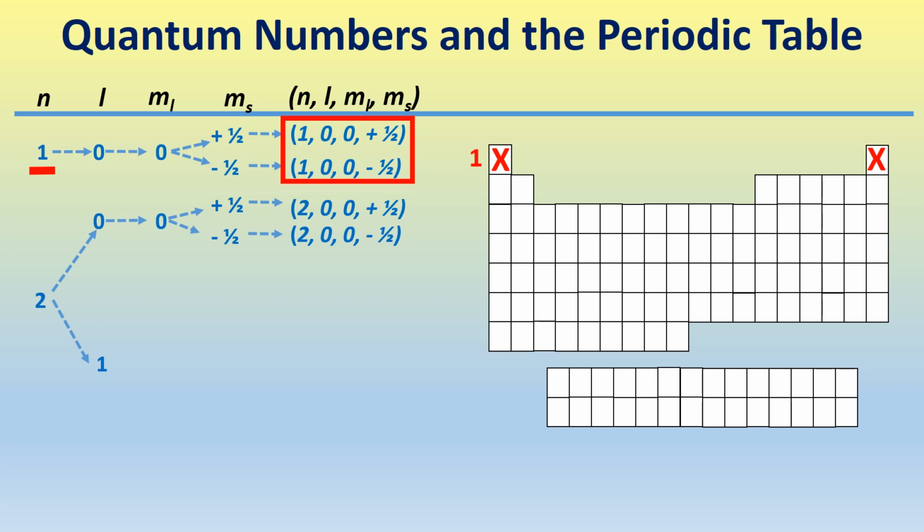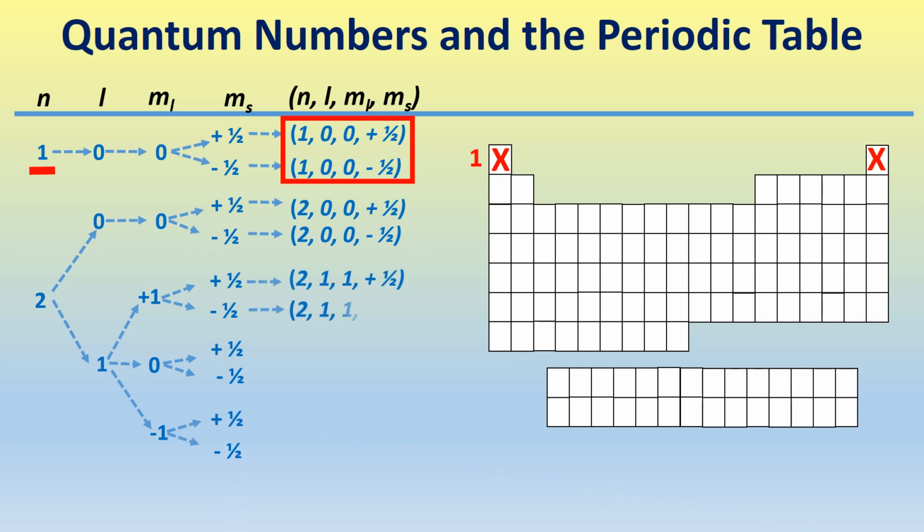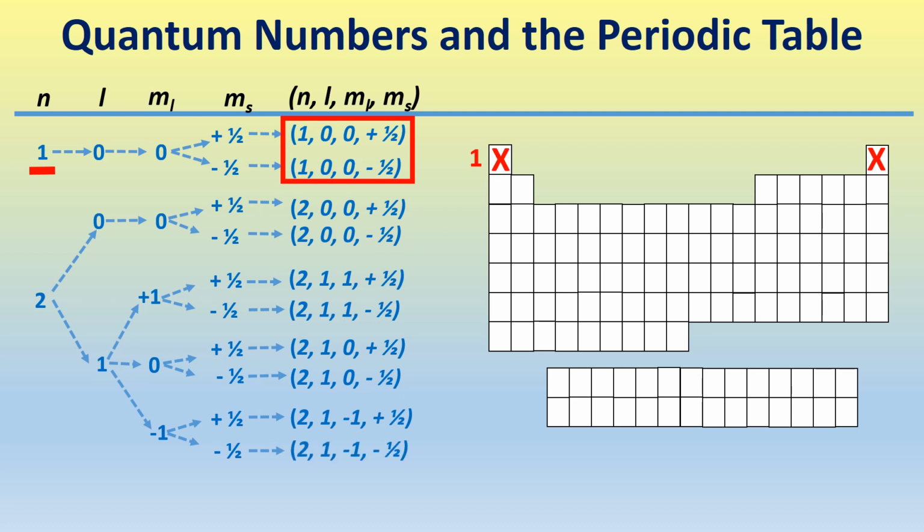If L is 1, m sub L can be any values from plus 1 to negative 1, or plus 1, 0, and minus 1. Again, each of these can have spin values of plus or minus a half, giving sets of numbers equal to 2, 1, plus 1, plus a half, 2, 1, 1, minus a half, 2, 1, 0, plus or minus a half, 2, 1, minus 1, plus or minus a half.